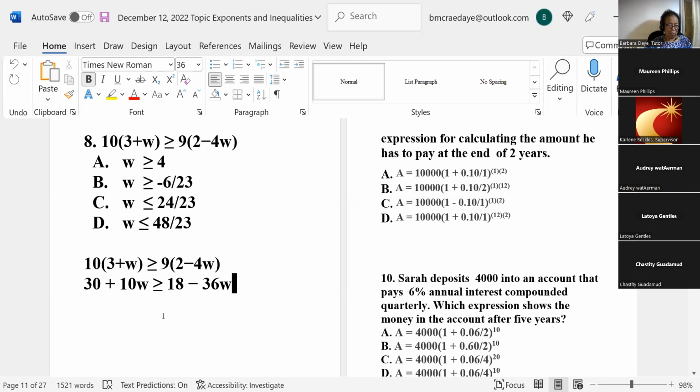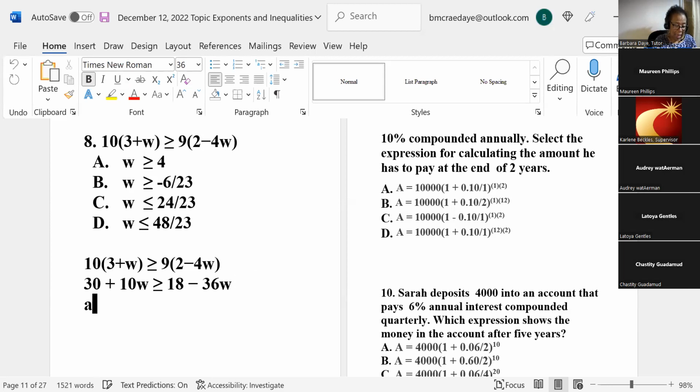How do you get this minus 36W on the left side, Audrey? This is a minus, so you add. That's right. Add 36W to both sides.